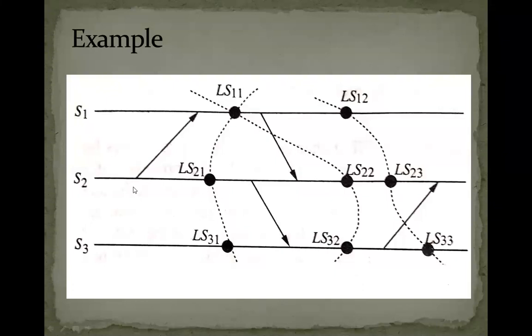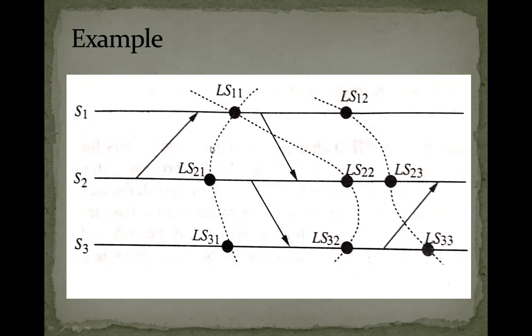Process S2 has initiated a message, and it has been received by process S1. Process S1 has sent a message to process S2, and process S2 has sent a message to process S3.